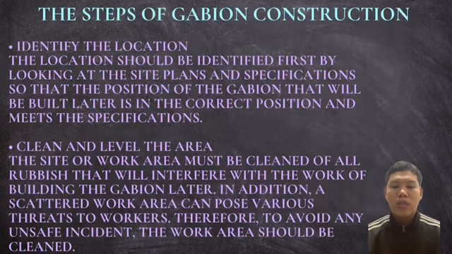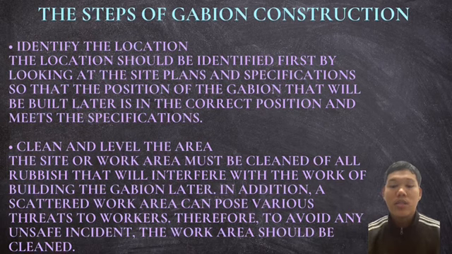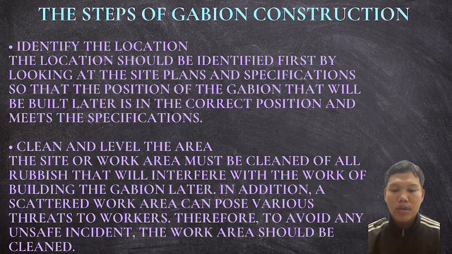Next, I'm going to explain the steps of gabion construction. First, identify the location. The location should be identified first by looking at the site plan and specification so that the position of the gabion that will be built later is the correct position and meets the specification. Next, clean and level the area.